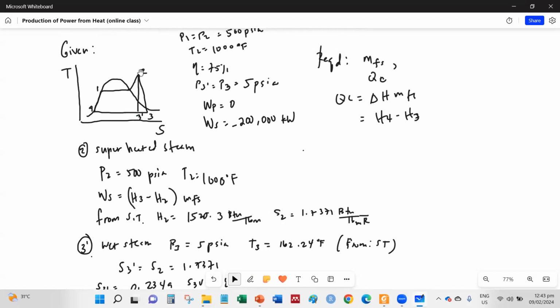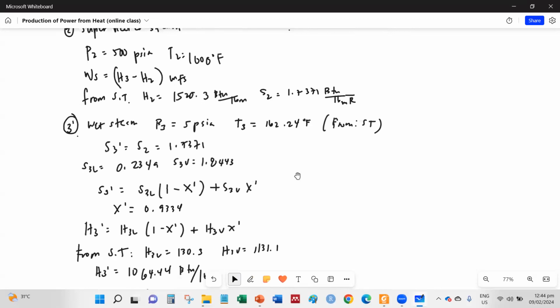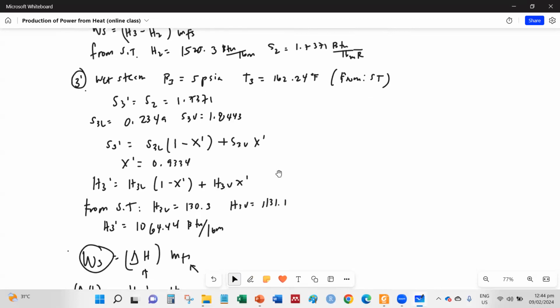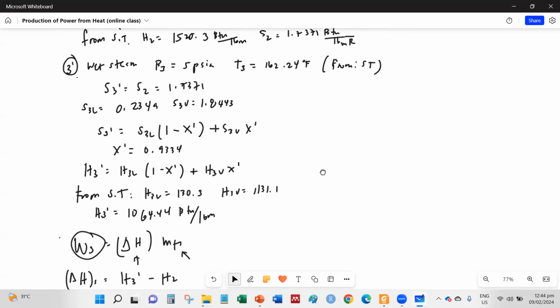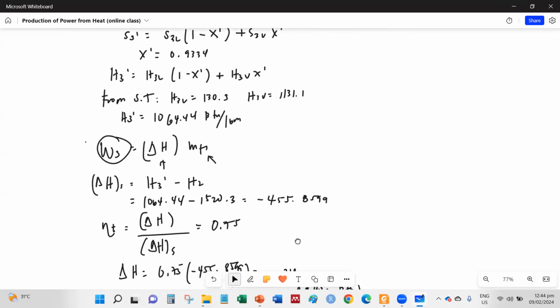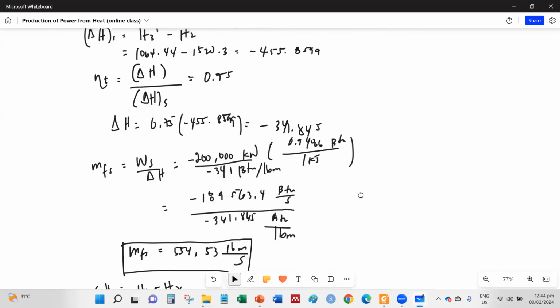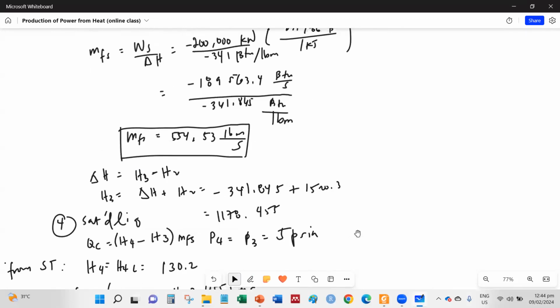So again, we can use the isentropic expansion properties to calculate the quality of the steam, and therefore H3 prime, and then we use the efficiency of the turbine to calculate the actual delta H. Diba? This is the actual delta H, and we use that to calculate the mass of the flowing stream.